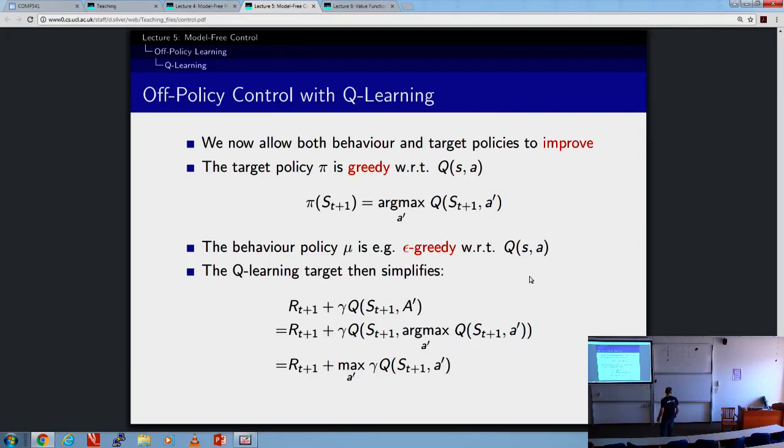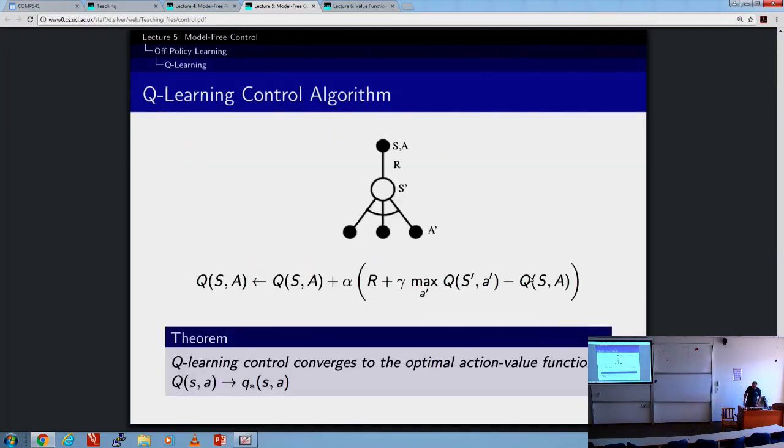So let's go to this picture. And so here I am. I'm sitting right here. I'm in a particular state, and I'm going to take an action. Okay. Taking this action gives me some reward, sends me to another S prime, and then after this S prime, I'm considering these different actions A prime.